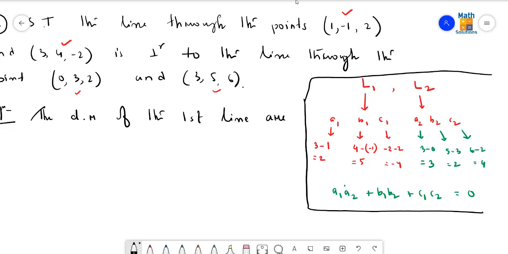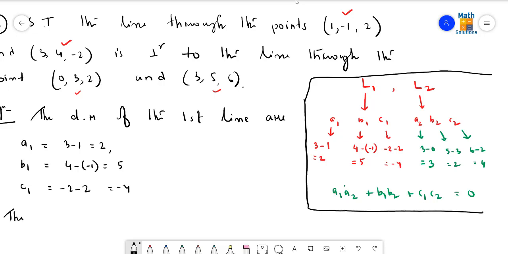The direction ratios of first line are: A1 is equal to 3 minus 1 is equal to 2. Then B1 is equal to 4 minus 1, the result could be 5. Then C1 is equal to minus 2 minus 2, it is minus 4.